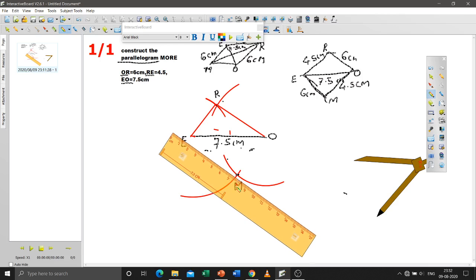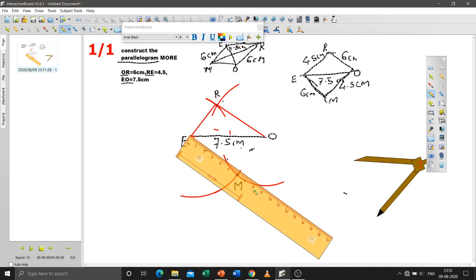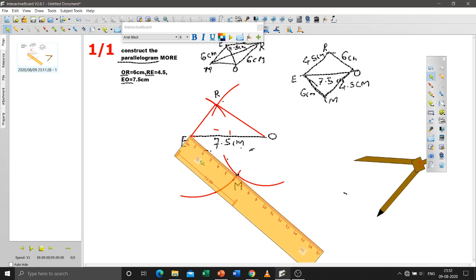Now we want to join this. You will adjust your ruler like this and join the intersecting points E and M here.